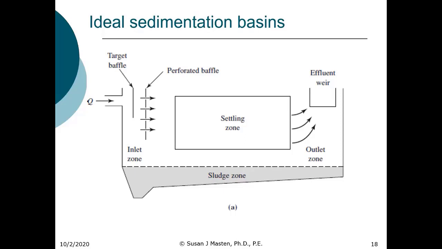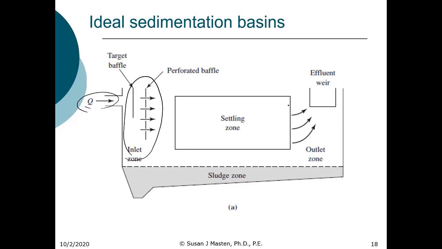So you have flow entering here. You have your inlet zone here. Typically, you'll have perforated baffles, and this is to try and slow the flow, impede the flow, distribute the flow, so that, as I mentioned, a particle entering this settling zone has an equal chance of being anywhere in the vertical profile.